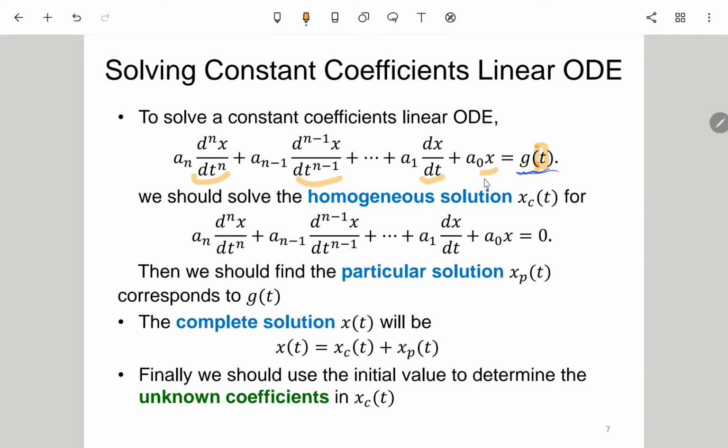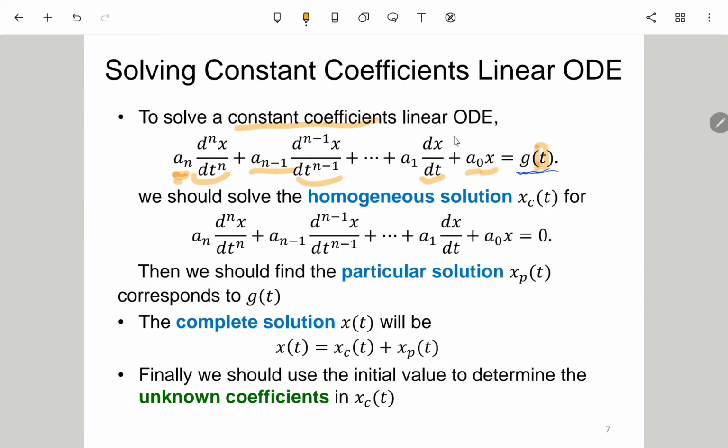As this is a constant coefficient ODE, all the coefficients of these derivative terms are constants. So an is a constant, an minus 1 is a constant, all the way down to a0. In such a way, this is a constant coefficient linear ODE.